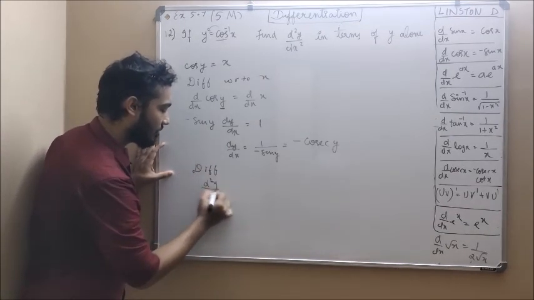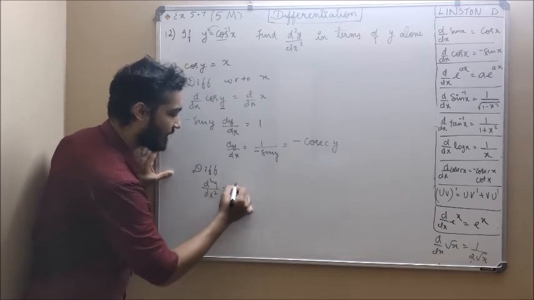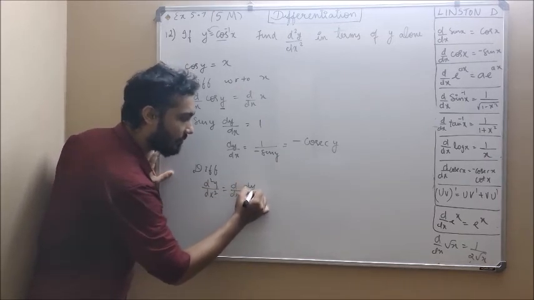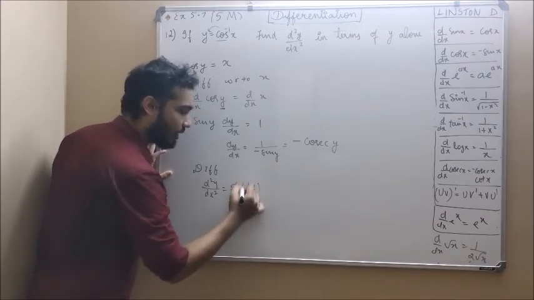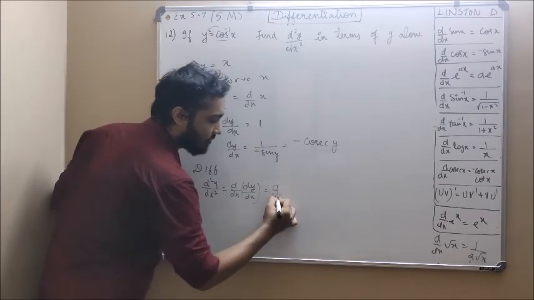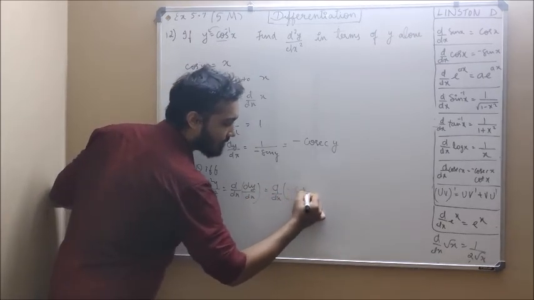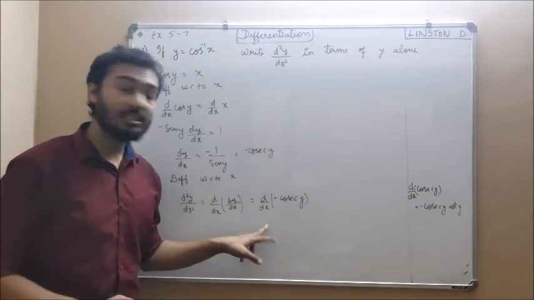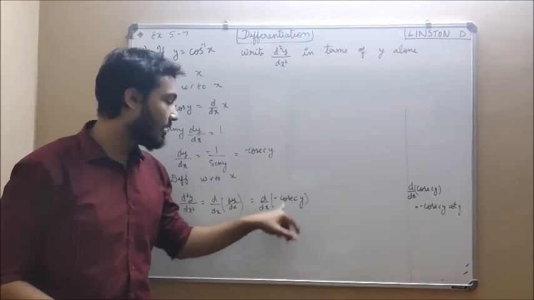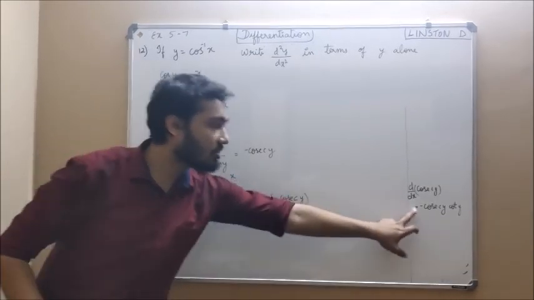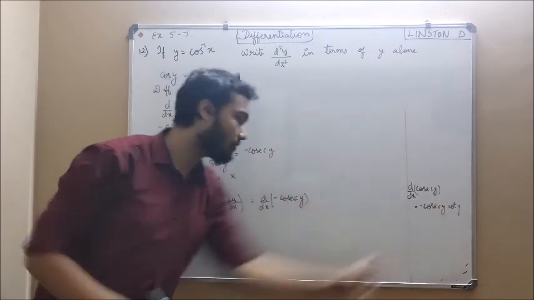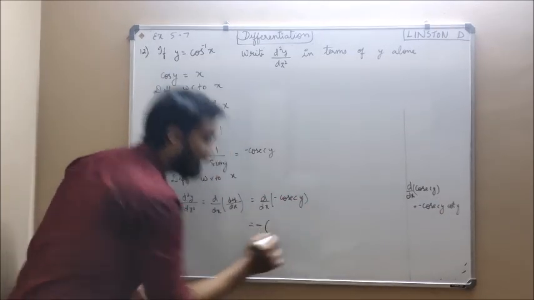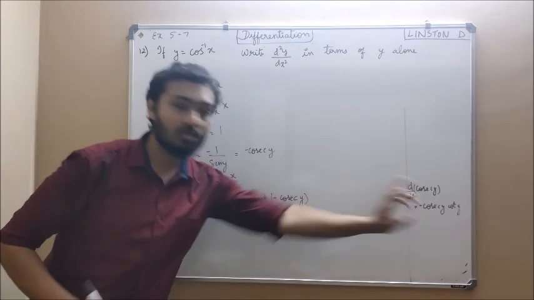d square y by dx square equal to d by dx of dy by dx. So it is d by dx of minus cosec y. Minus you take it out. Differentiation of cosec y is minus cosec y cot y.